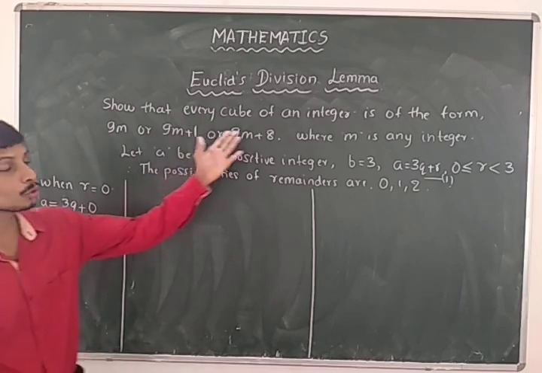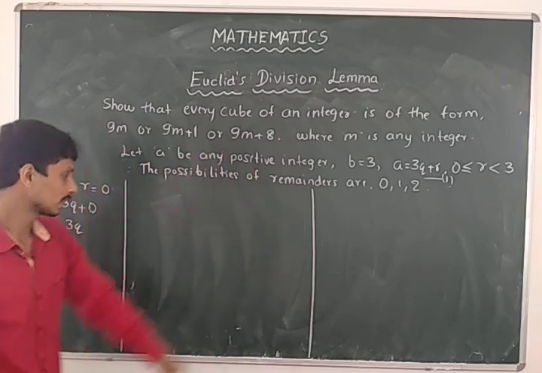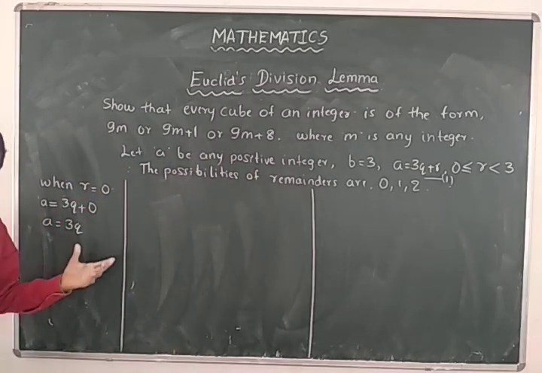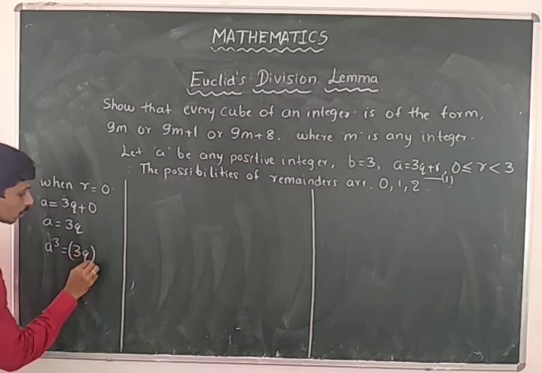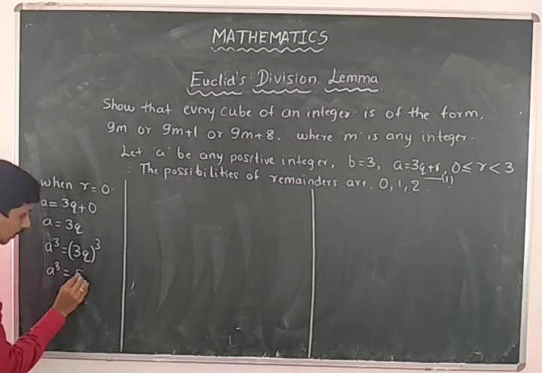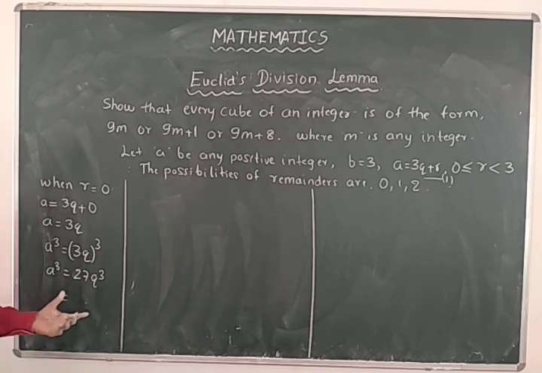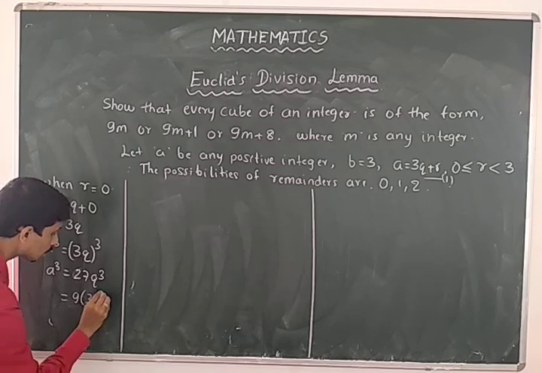We have to cube this term because we want the cube of an integer. So we cube both sides: a cube is equal to (3q) whole cube, which is 27q cube. We take 9 as common: 9 into 3q cube.